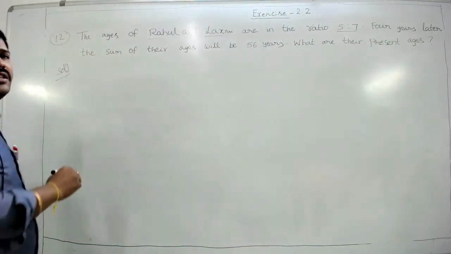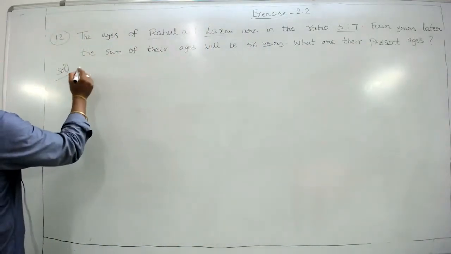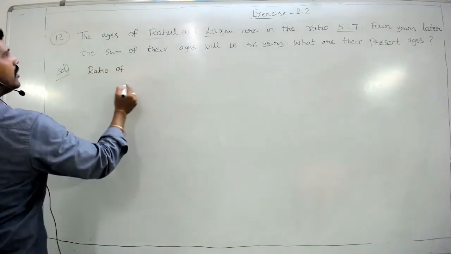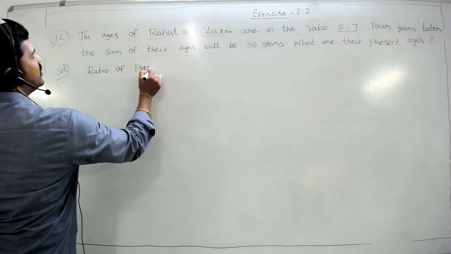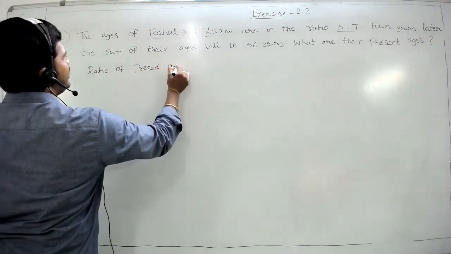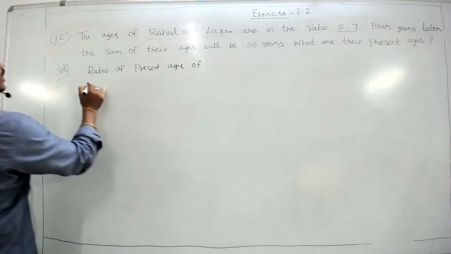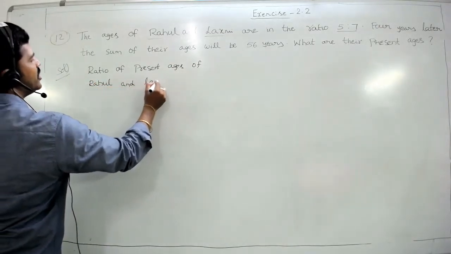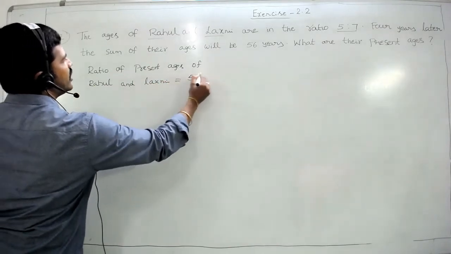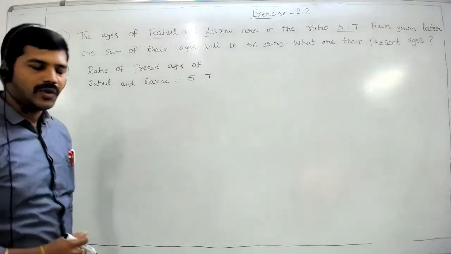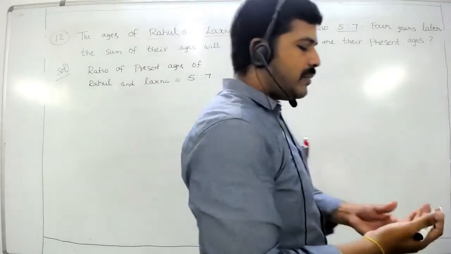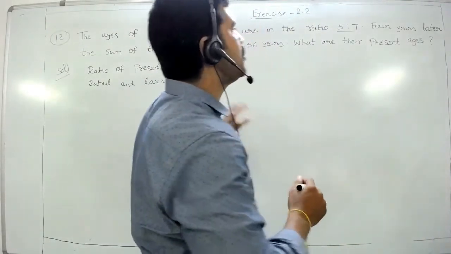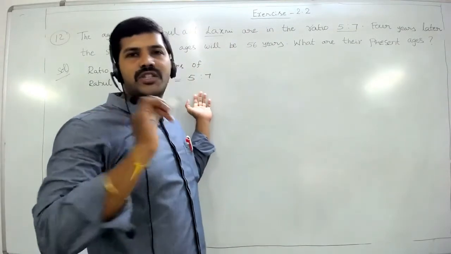Now let me start with the given things. The ratio of present ages of Rahul and Lakshmi is equals to 5:7. Okay, so in previous classes we have learned the properties of a ratio. Whenever the ratio is given, that will be in the simplest form.